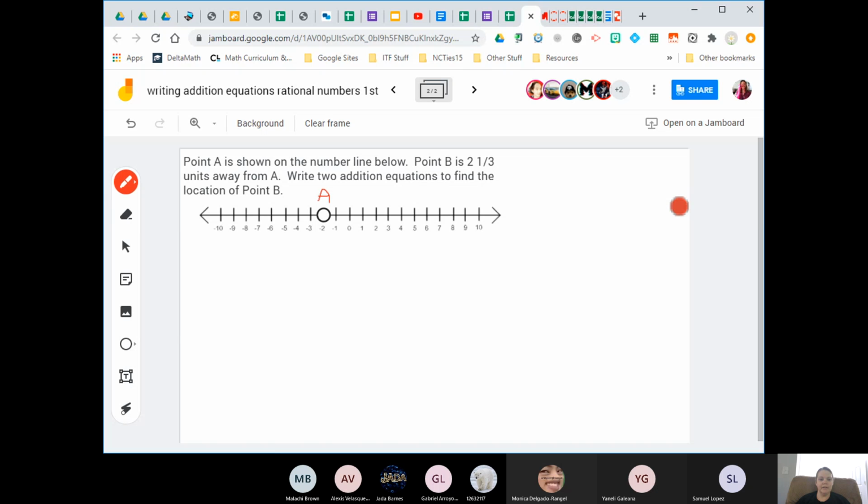Where is point A located? And do we know if it is a positive 2 1/3 or a negative 2 1/3? And write our two equations from that information. So on this slide, can you show me what those two equations would look like?